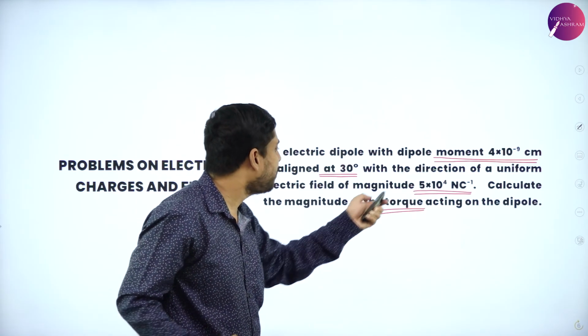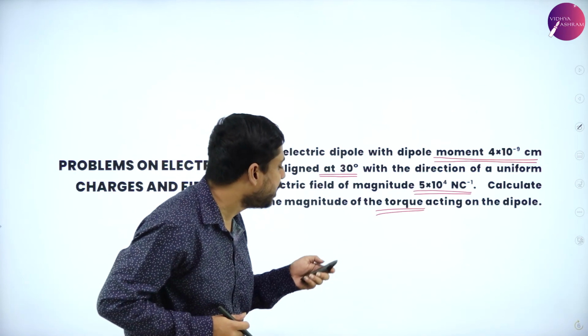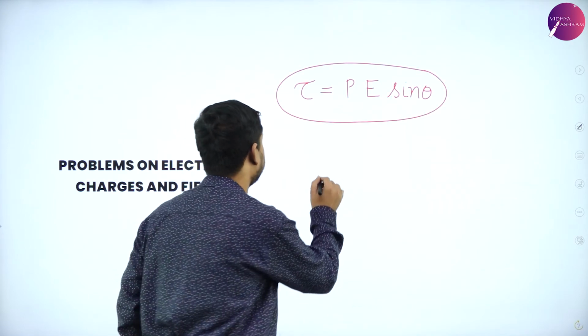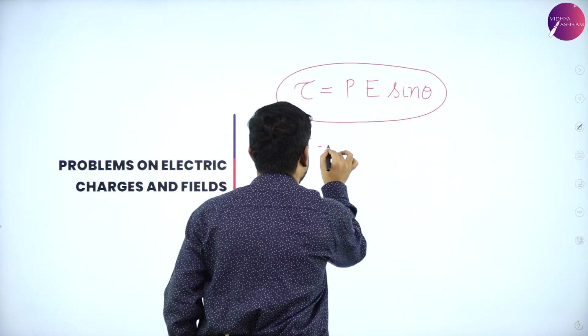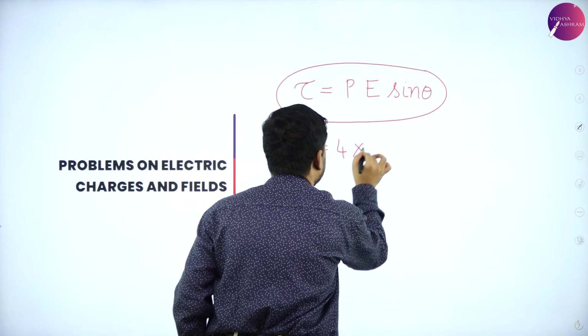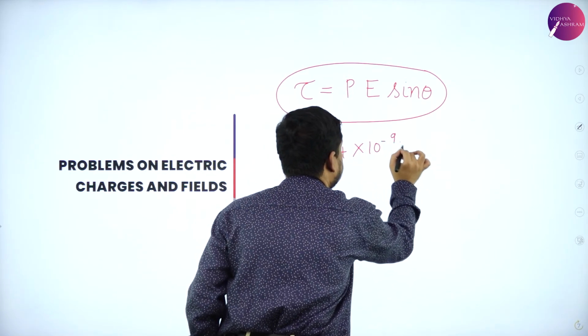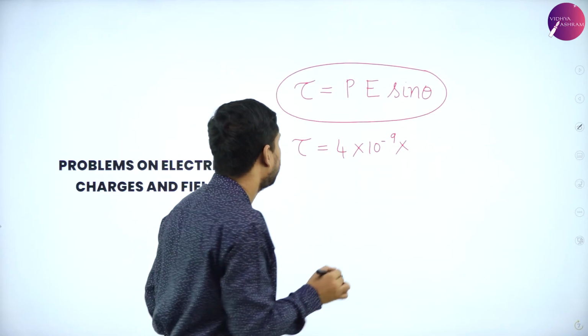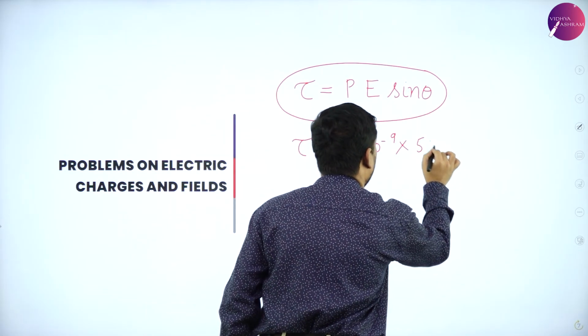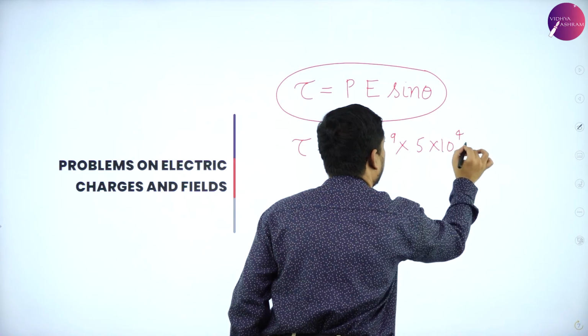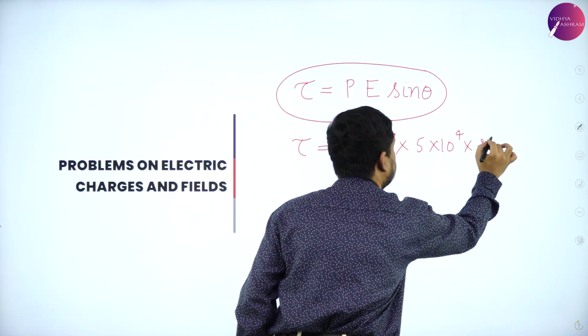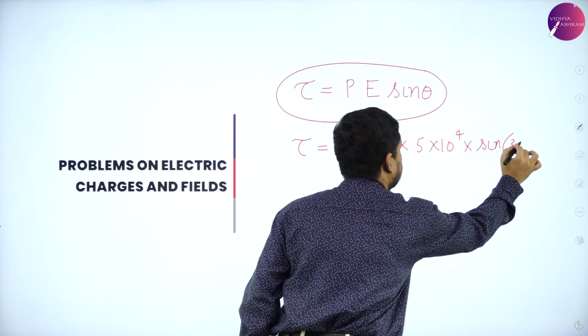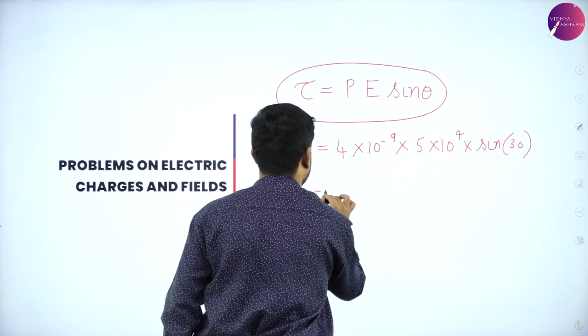So what is the dipole moment? 4 into 10 power minus 9. So torque is 4 into 10 power minus 9, electric field 5 into 10 power 4, sin 30, which is half.